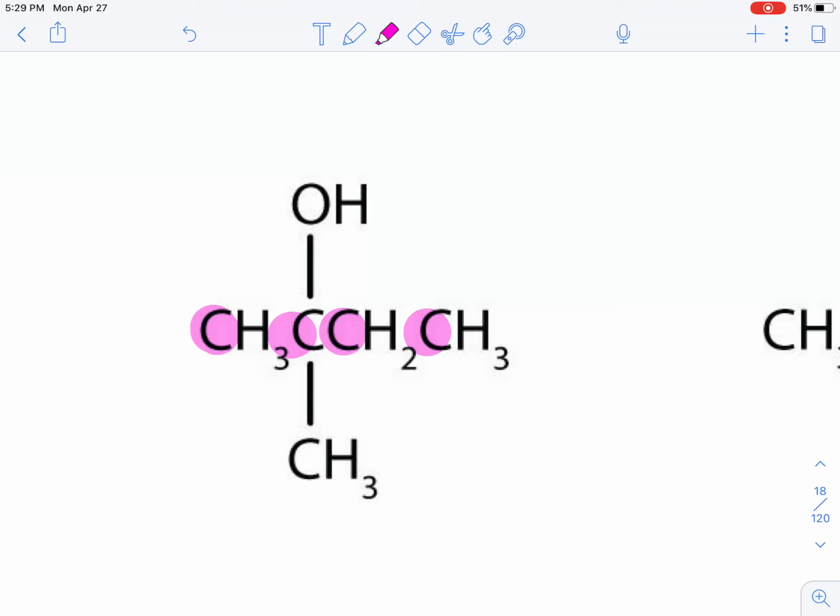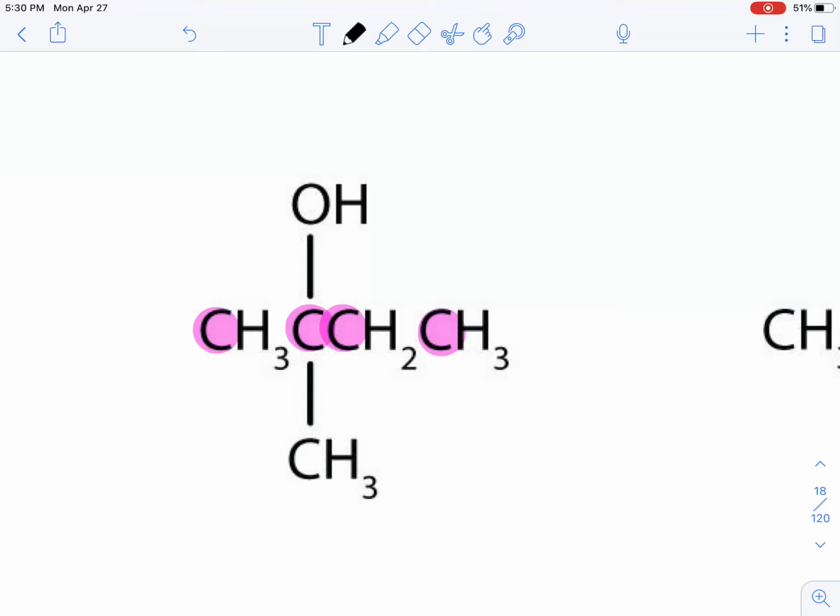Okay, so that's a pretty long chain. So let's see if there's anything longer. 1, 2, 3. Nope, that's pretty short. 1, 2, 3, 4. That works as well. And so whatever 4 carbon chain you use, it looks like 4 carbons is the longest carbon chain in this organic molecule. So we have 1, 2, 3, 4. Let's just go ahead and work with this.